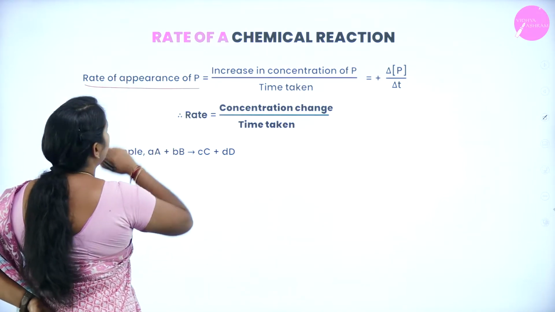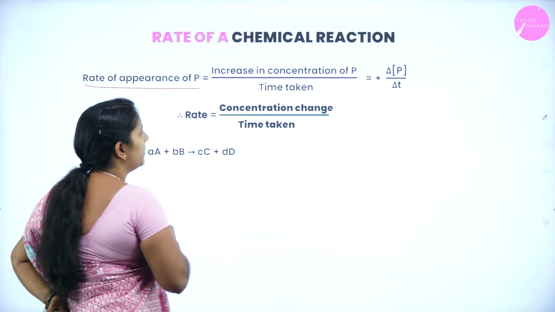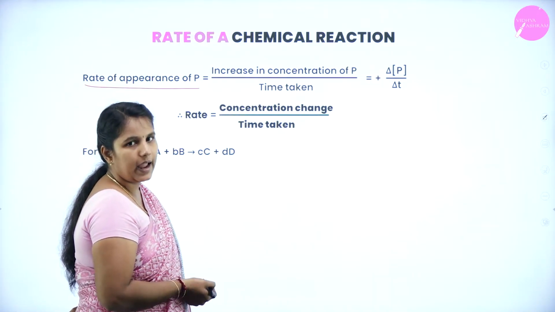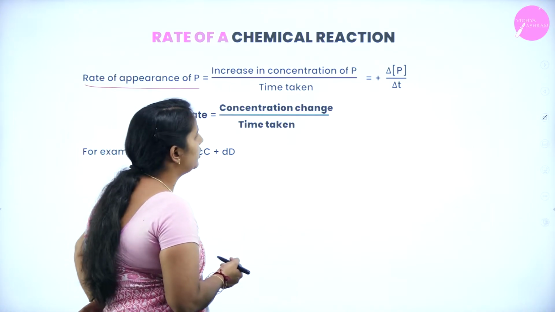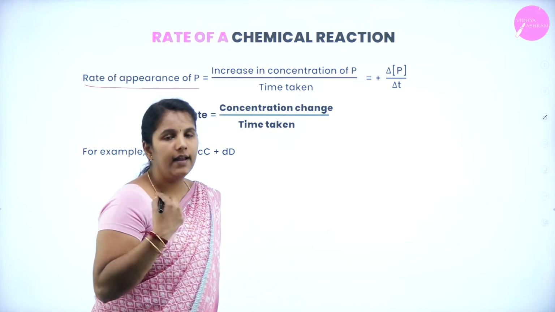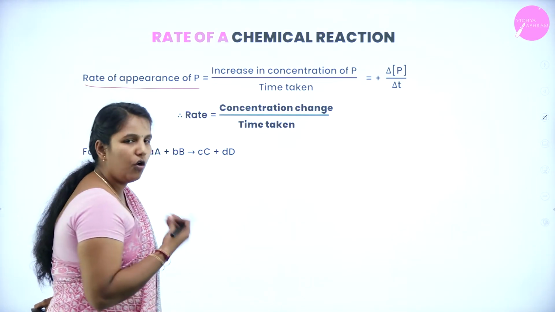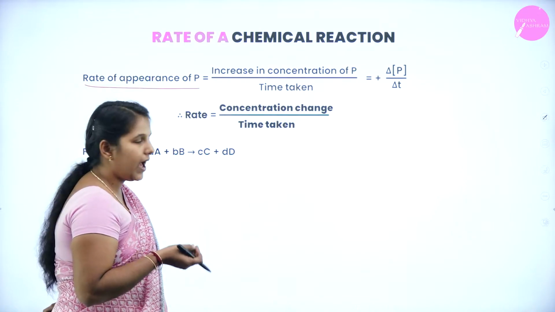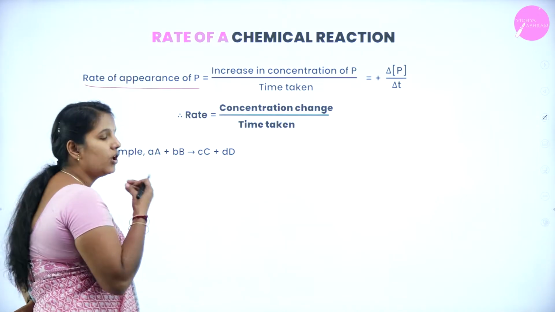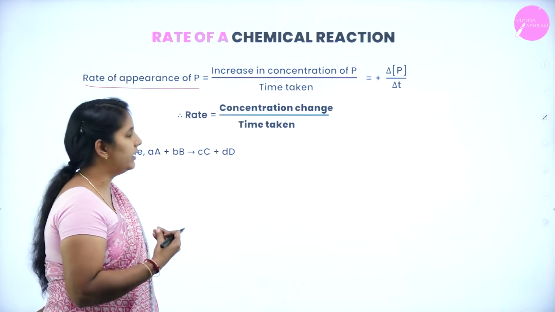The rate of appearance of the product is given by the increase in the concentration of the product divided by the time taken, which is equal to delta of the concentration of the product divided by delta T. Overall, we can define it as rate equals concentration change divided by time taken.